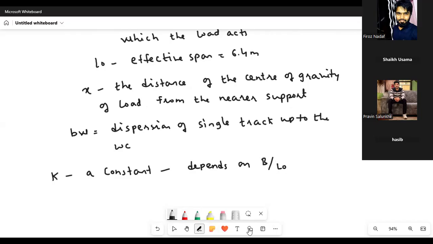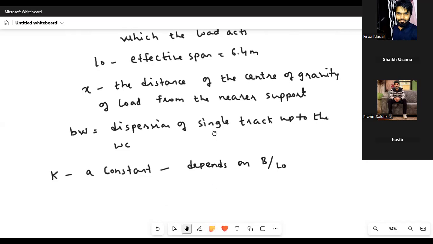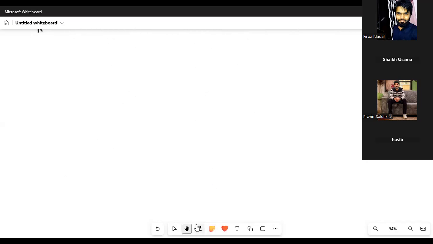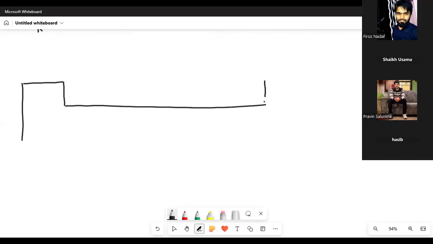I will draw the cross section and you will be able to understand what we have to do. So this is your bridge, this is how the bridge will look.